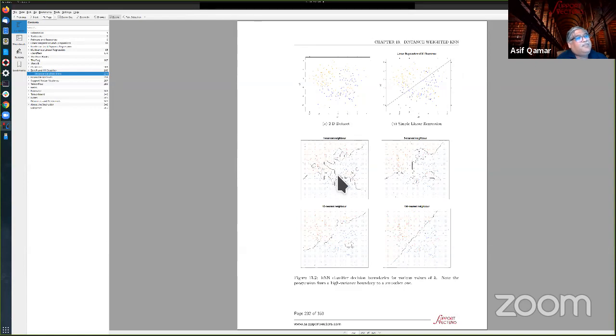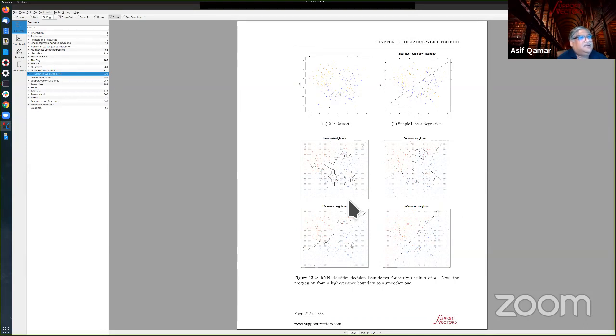Right? Now, what happens when you take k equal to one nearest neighbor? Do you see how complex your decision boundary is? I'll give you a moment to stare at it and convince yourself that it is the right decision boundary. Obviously, I did it programmatically, so it happens to be right.